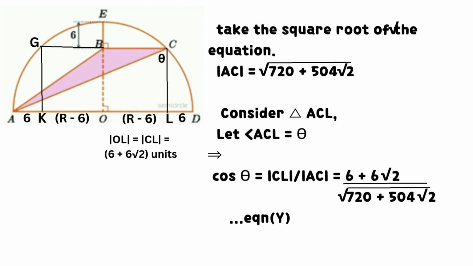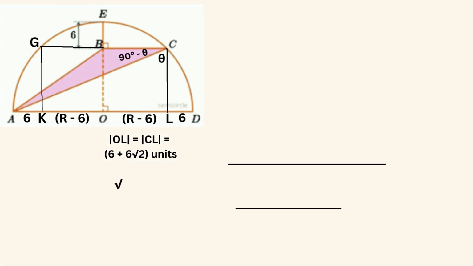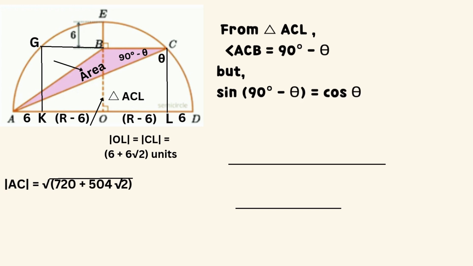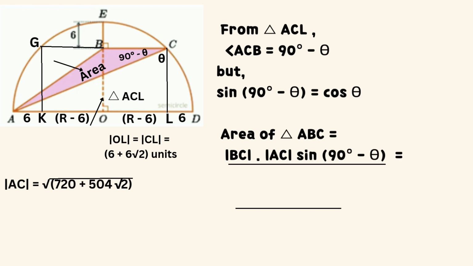We call it equation 2. From triangle ACL, angle ACB equals 90 degrees minus theta. But sine of 90 degrees minus theta is equal to cosine theta.